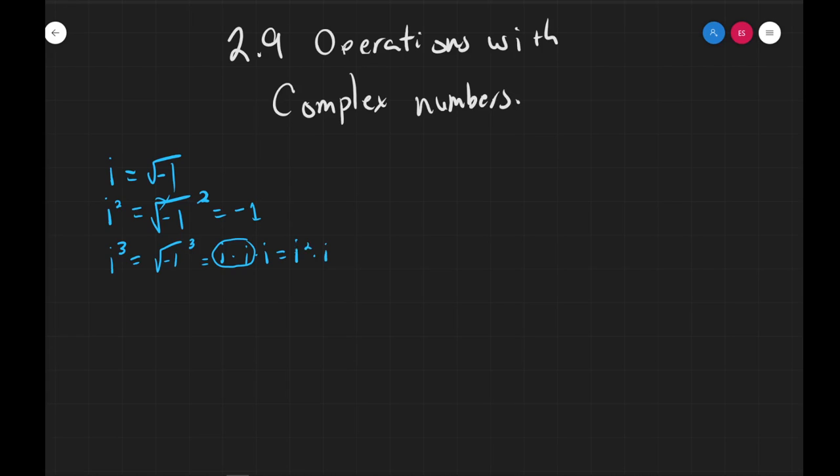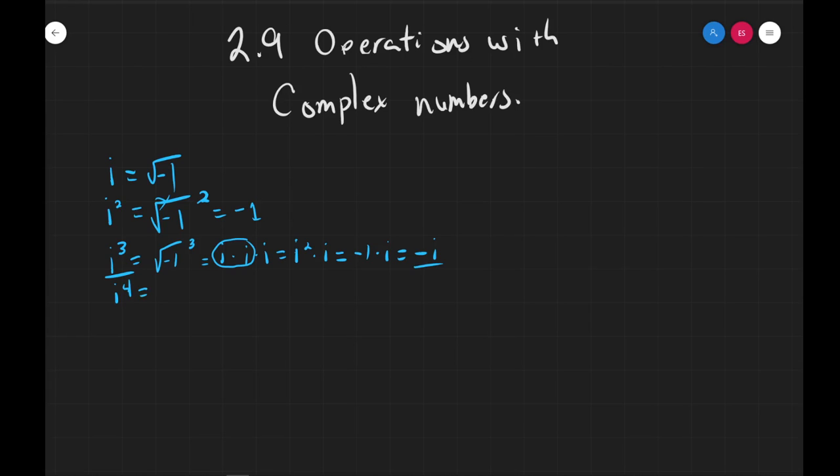Okay? So then, we just said that i squared was -1. So this is -1 times i, or just negative i. So if we have i cubed, we can just jump straight and say, well, i cubed is just the same thing as -i.